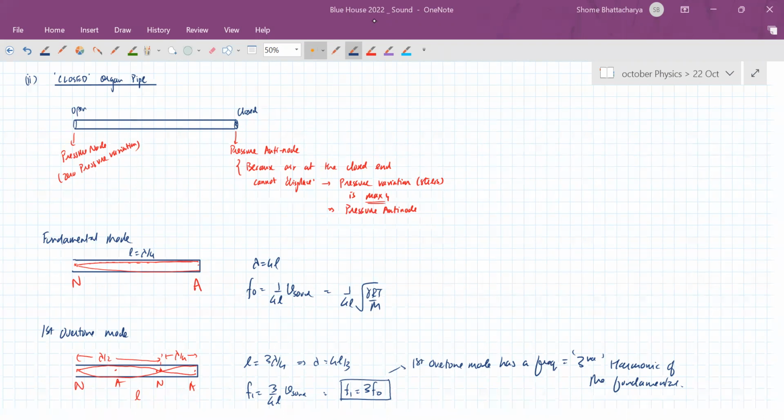So the first overtone is the second harmonic, the third overtone is the fourth harmonic. Whereas in the case of a closed organ pipe, one end is open and one end is closed, so only odd harmonics exist. The first overtone becomes the third harmonic, the second overtone becomes the fifth harmonic, and in general the nth overtone mode will become the 2n plus 1th harmonic. Just make a note of this, people.